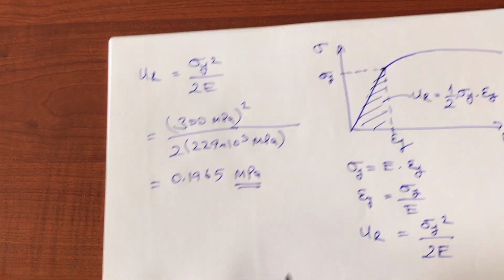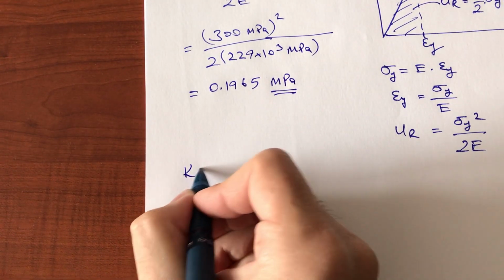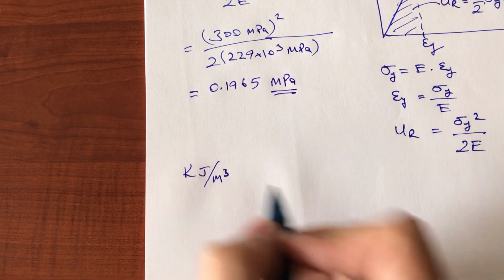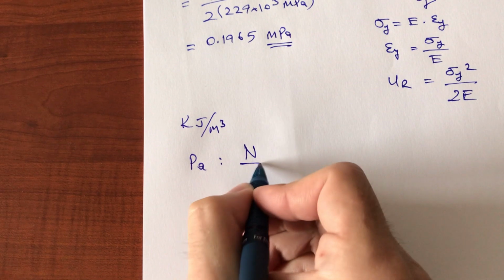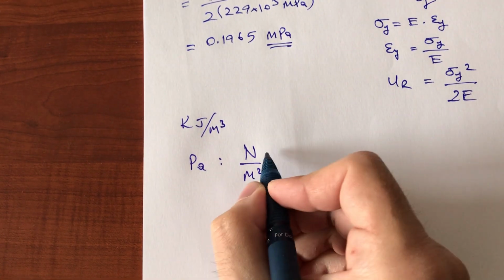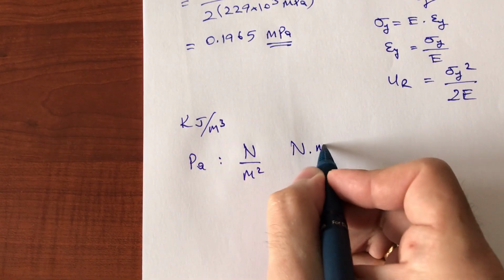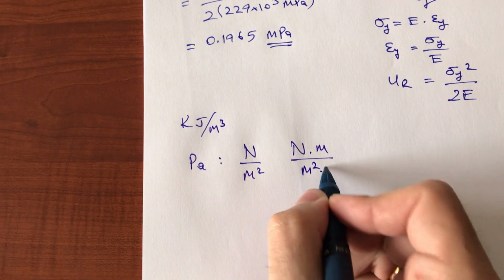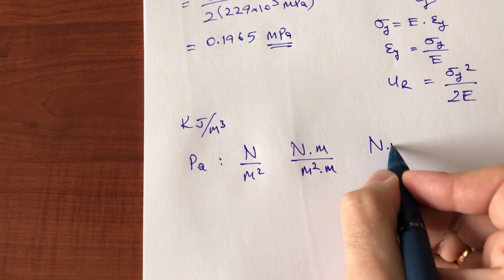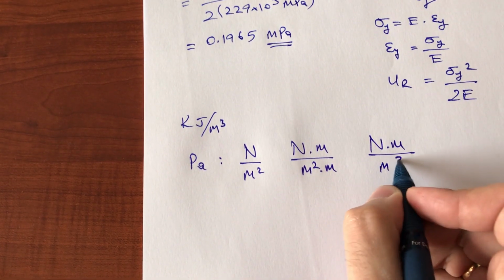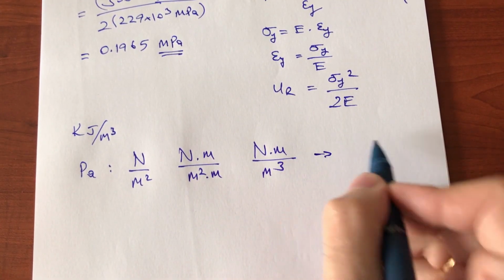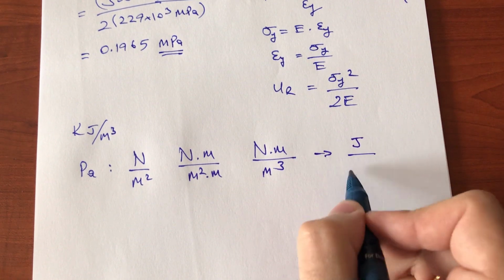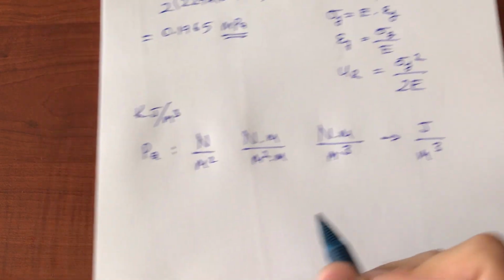Okay, so the unit given to us was kilojoules per meter cube. Now, Pascal has the units of newtons per meter square. If you multiply both sides with meters, then you get Newton meter per meter cube, and Newton meter is joules. Then we have joules per meter cube.